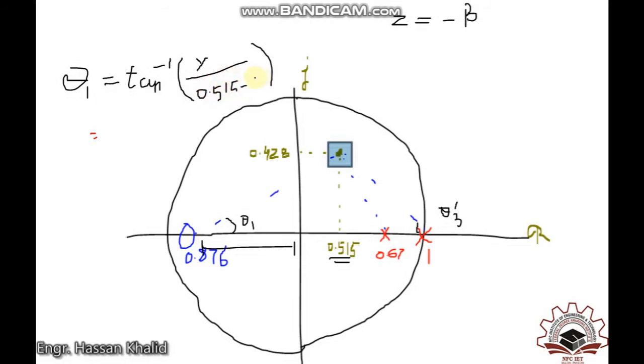We don't know the exact location of this point that is to be determined. Let's say this point is negative b in this region. We don't know the exact value, but we do know that we need to produce the compensation that is equal to 51.26 degrees, that is our desired compensation.